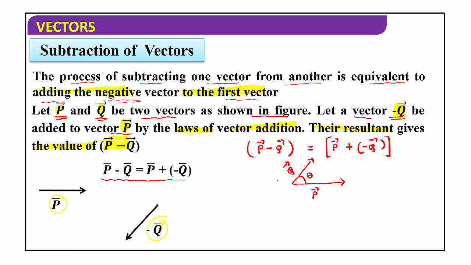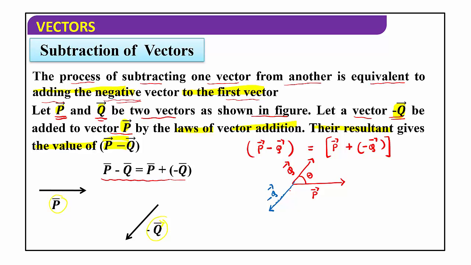According to subtraction of vectors, we have to consider another vector in the opposite direction. See here, this Q is positive. Minus Q means I am going to take that vector in this direction. So this is minus Q. Because we are going to consider the addition of first vector to the negative vector. Negative vector should be in the opposite direction.